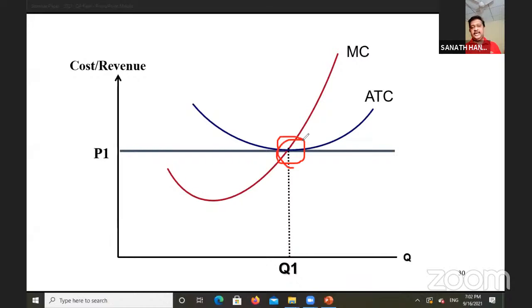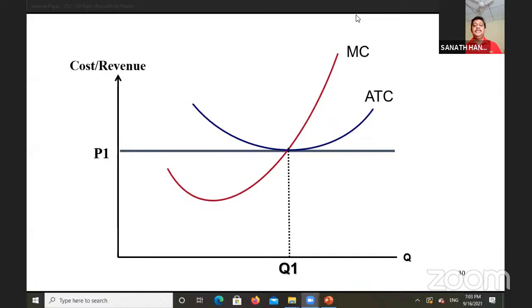You can see in this diagram, at this profit maximizing output level, average cost has been minimized. So when the average cost is minimized, we call it production efficiency. We discussed last day what the conditions for production efficiency are.